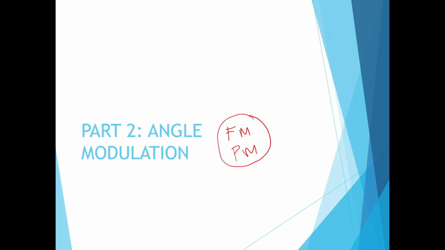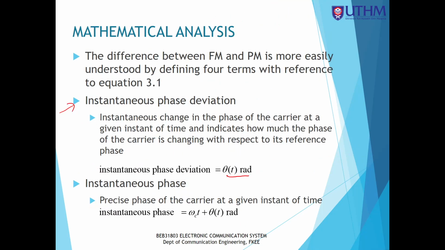And instantaneous phase is the precise phase value of the carrier at a particular time, at the instant time. That means the exact value of the phase at a specific time. This is what we call instantaneous phase. Nilai fasa pada satu-satu masa.